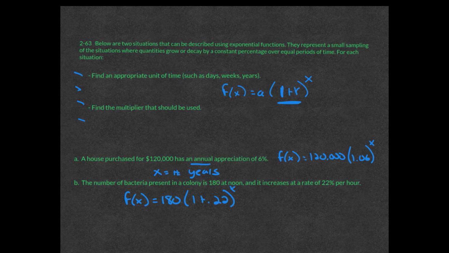So if we're taking our full equation down, it is f of x equals 180 times 1.22 to the x. And the x in this case is number of hours. So again, it has an element of time to it. And so that is all there is to this particular problem.